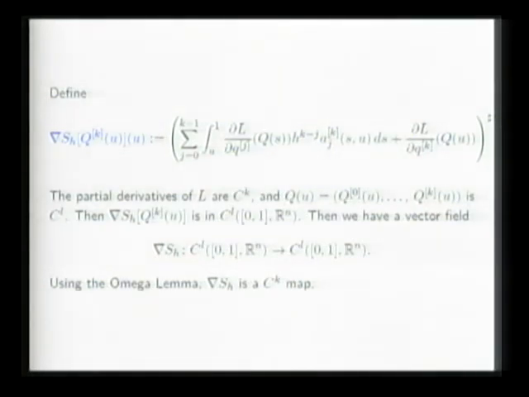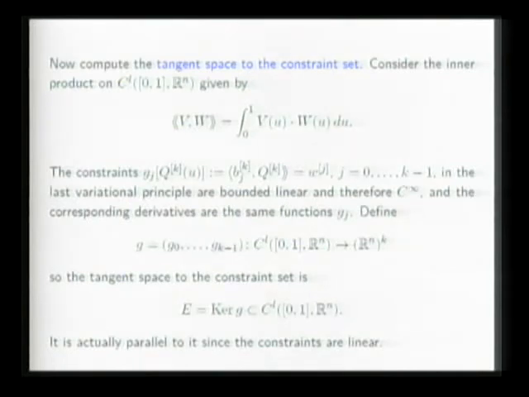So you have a vector field in the space of C^l functions. And again, using the omega lemma, one can prove that this is a C^k map. I mean, SH was C^(k+1), the gradient is C^k. That's as expected. So now we compute the tangent space to the constraint set.